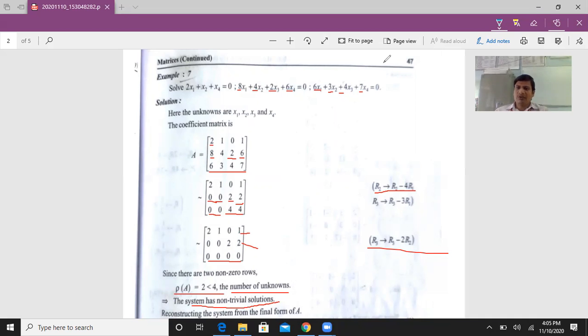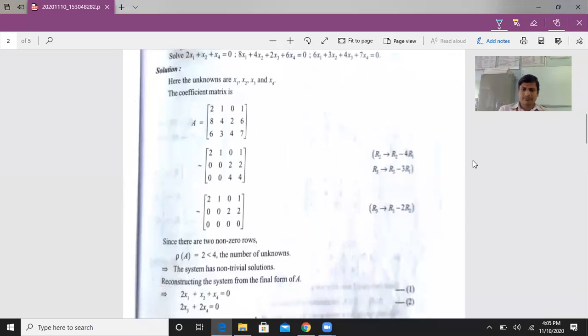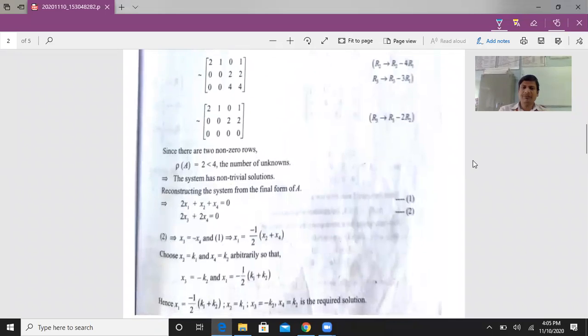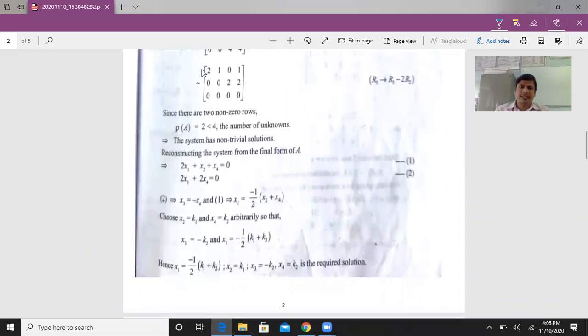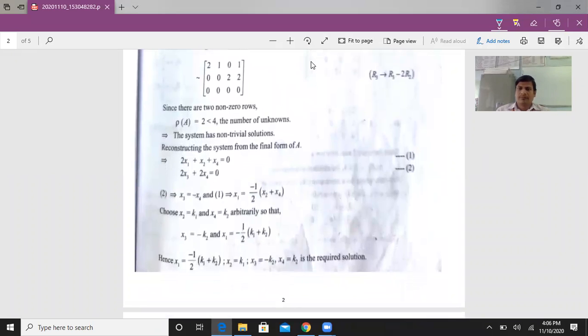Okay, after that you reconstruct the equation. Reconstructing means first you take this equation, 2x plus y, meaning x1, x2 is taken.